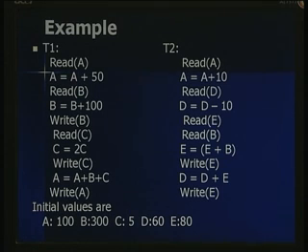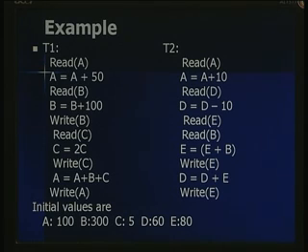For completeness' sake, we have also shown the initial values that are there in the database when these transactions T1 and T2 start executing. As can be seen in the slide, the initial values are: A is 100, B is 300, C is 5, D is 60 and E is 80.